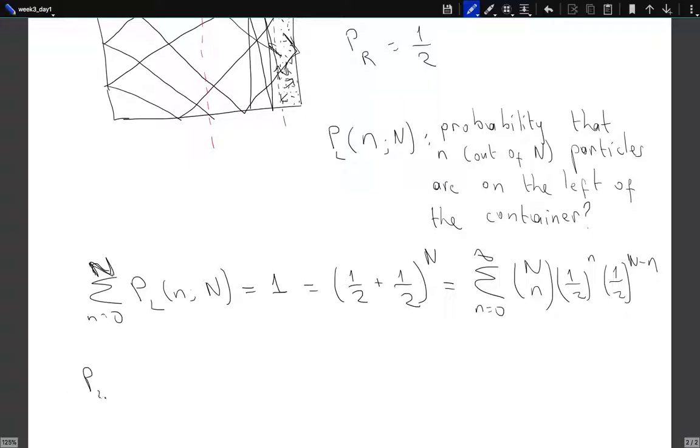You see, the probability that we are looking for is actually this one.